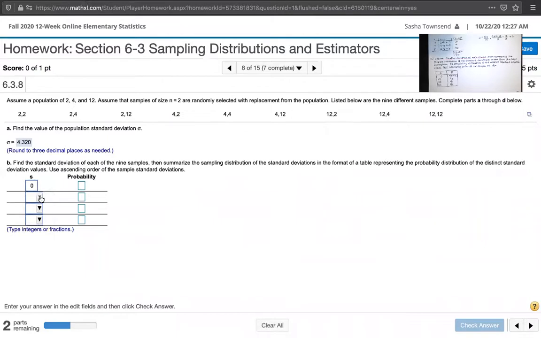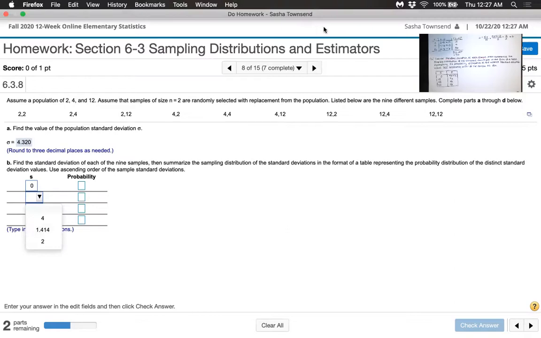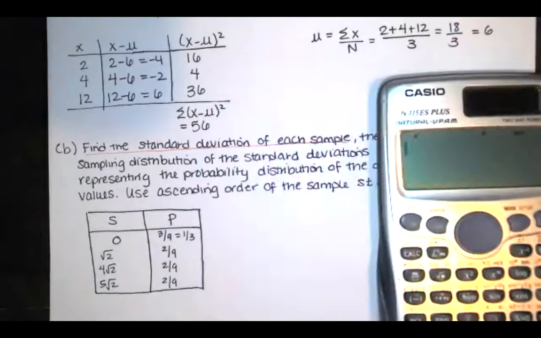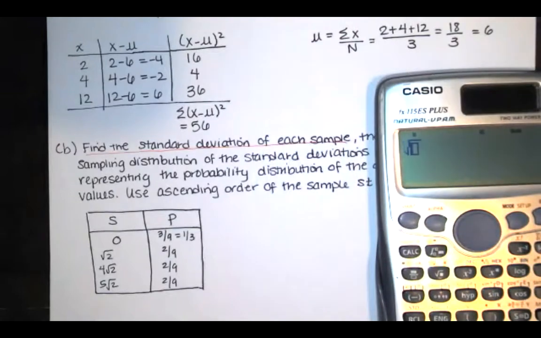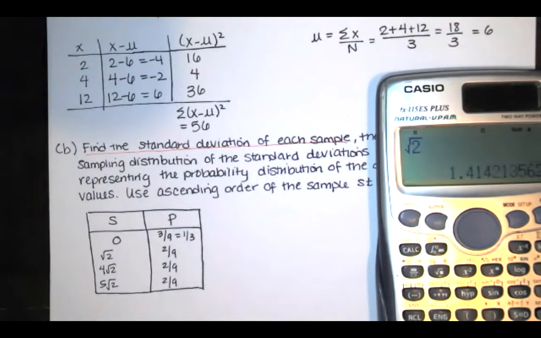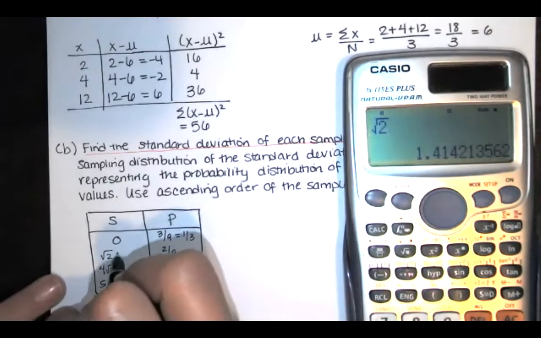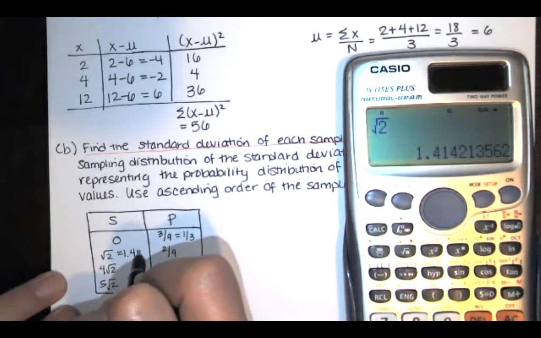So I've got 0, and then square root of 2 is not on this list, but I bet it's that 1.414. Just stop sharing for a moment so that we can get decimal approximation. Sorry about that reflection. Square root of 2. And then if I use this SD button, it gives me the decimal approximations. That's 1.414.